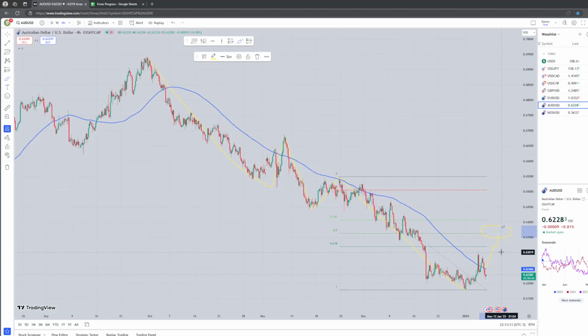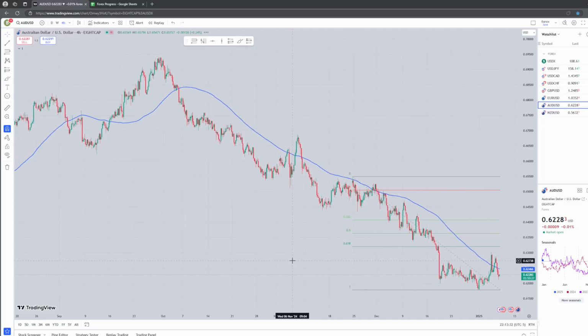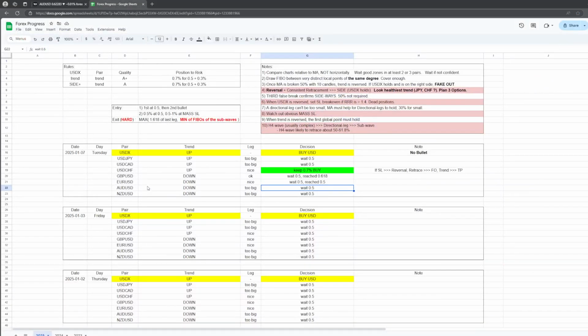But given the trade opportunities for Euro USD and Pound USD, this setup is not just good. If I were you, I would just focus on Euro USD and Pound USD. Right now, the size of this leg is just too big, which is less opportunity for trading. So I'll say down, too big.